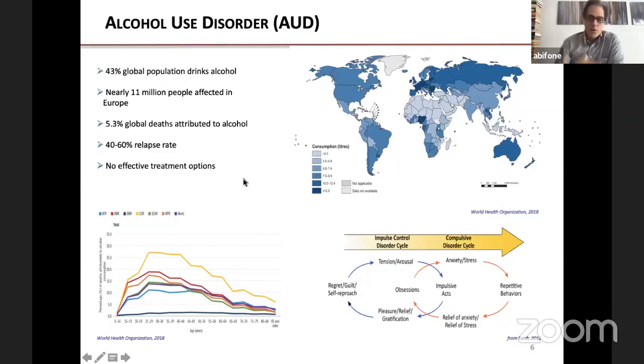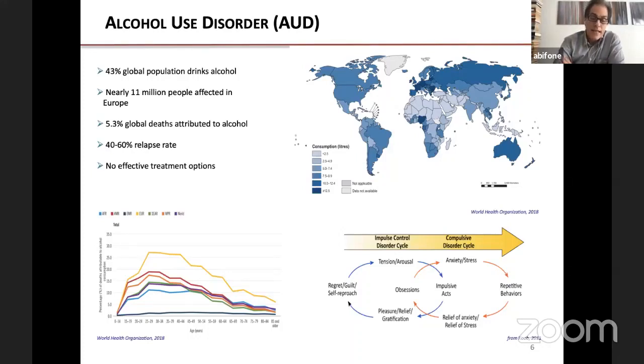Why alcohol use disorder? Alcohol use disorder is an addiction-related disease which has a very high prevalence. It's an unmet medical need. There is no cure for it. The rate of relapse in patients who are detoxified is close to 90%, and symptoms can be ameliorated but not entirely eliminated.